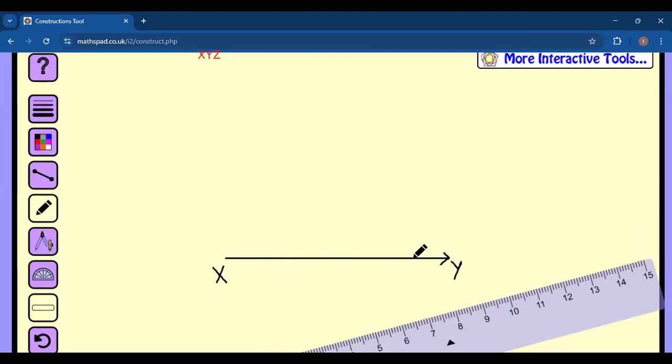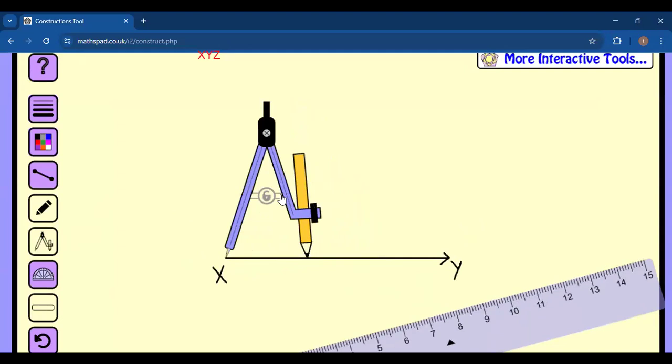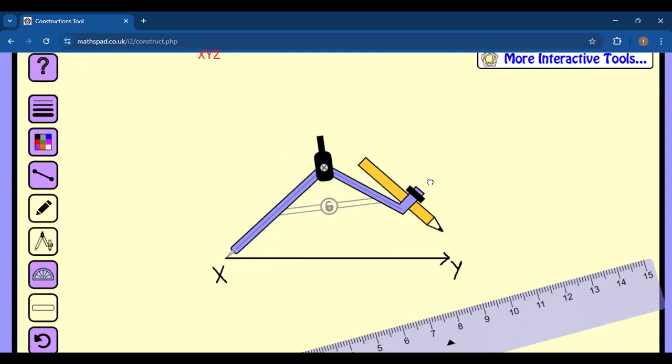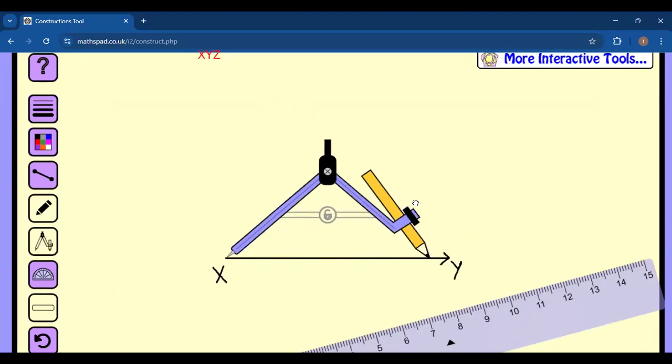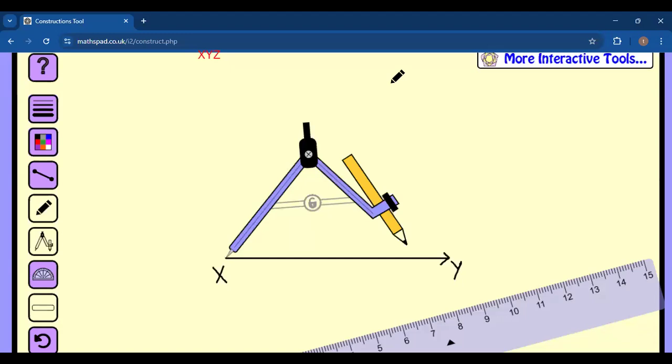X, Y. What we're going to do at this point, we're going to draw a what? Draw an arc. Is the arc going to be all the way down here, or where is it going to be? Where's the arc going to be, class?